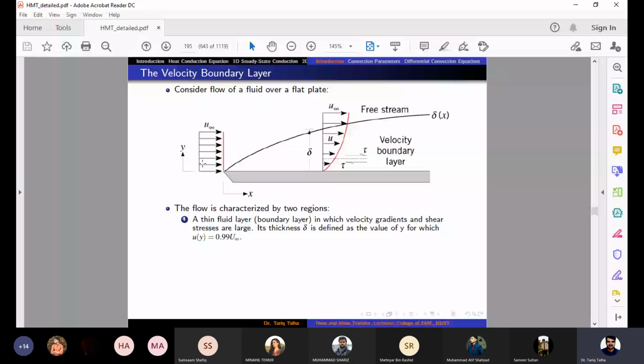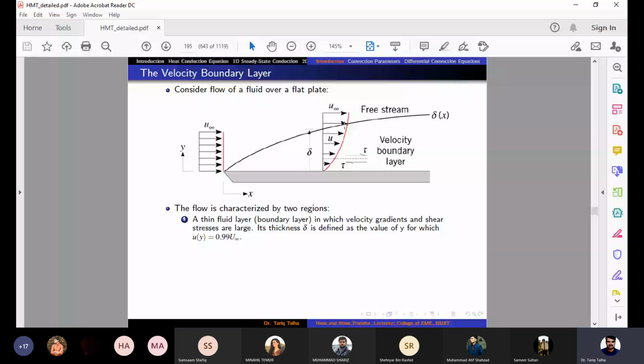Here we have u infinity, which is the free stream velocity, and for example say it is 10 meter per second. When the first layer comes in contact with the solid surface, its molecules have zero velocity, so it applies a drag force on the second layer. Consequently the second layer has very low velocity, maybe 0.5 meter per second, then the third layer has 1 meter per second, then 5, then 8 meter per second.